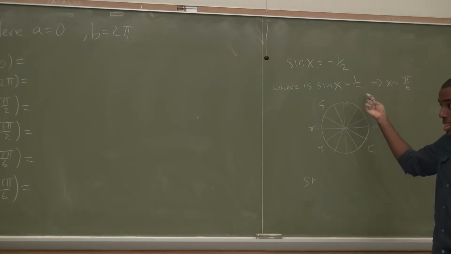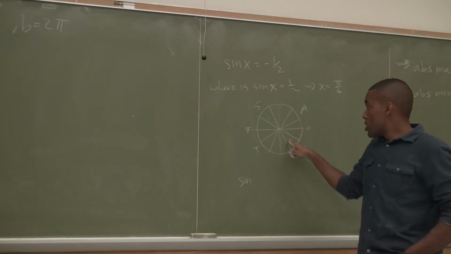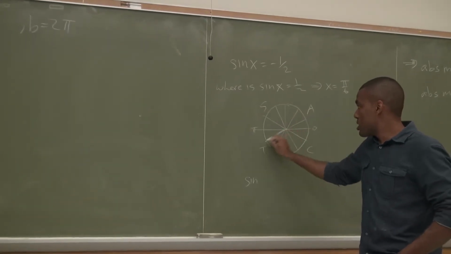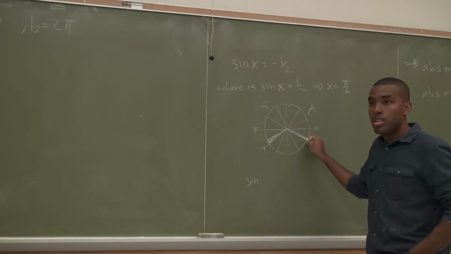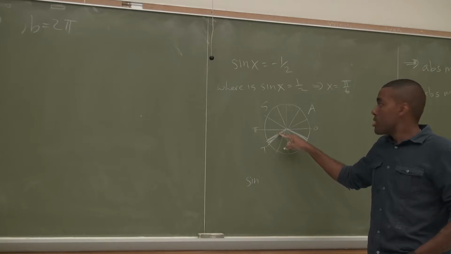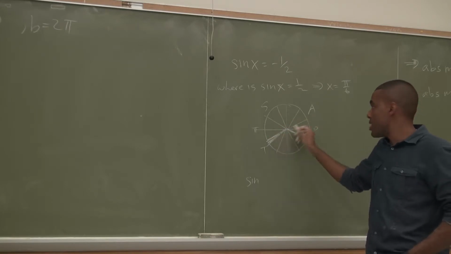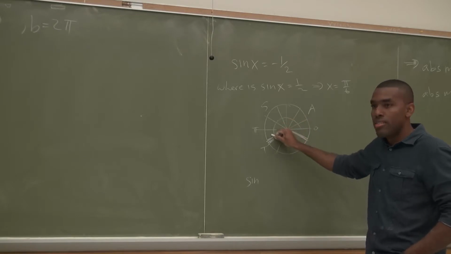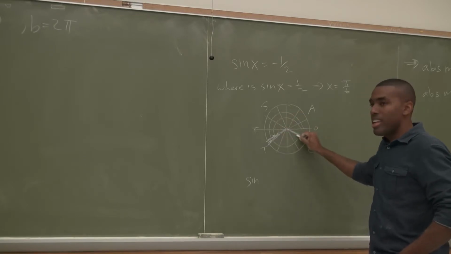So sine is negative where and where? In these two quadrants, right? The reference angle happens closest to the x-axis, so you know you have to get here, you have to get here. So how do you get here? Each pizza slice is pi over 6. How many pizza slices do you need to get here? 1, 2, 3, 4, 5, 6, 7. And you need 1, 2, 3, 4, 5, 6, 7, 8, 9, 10, 11 to get here.